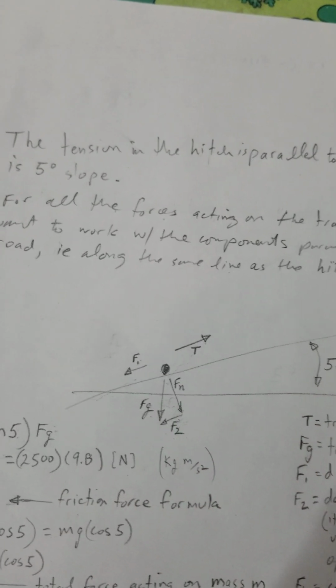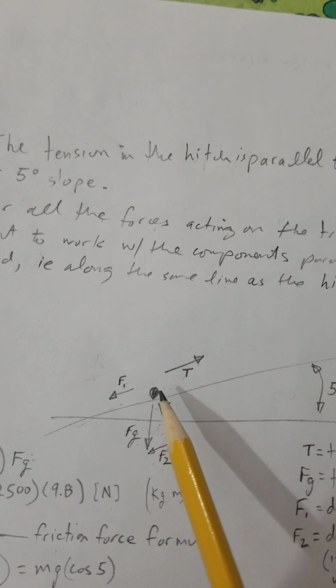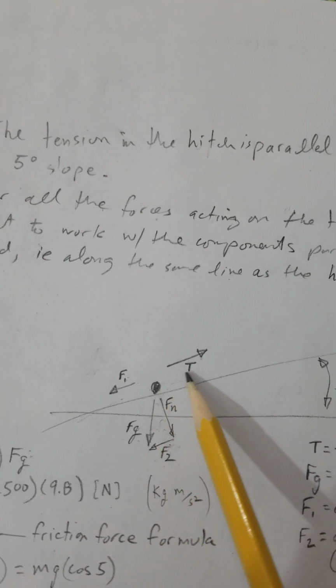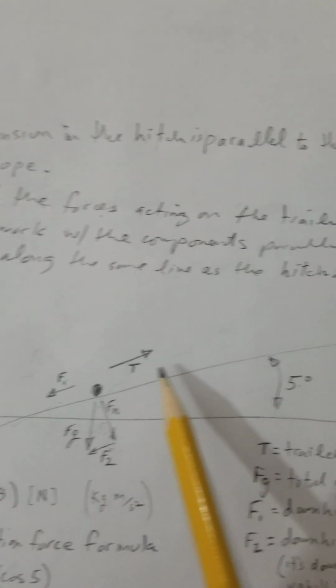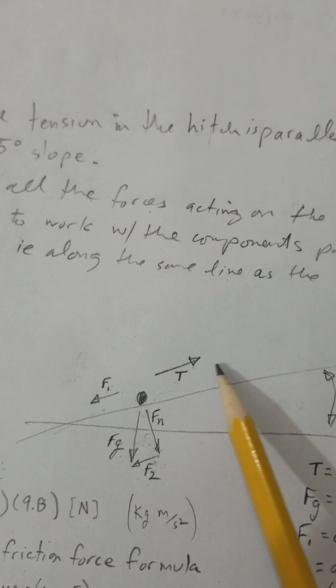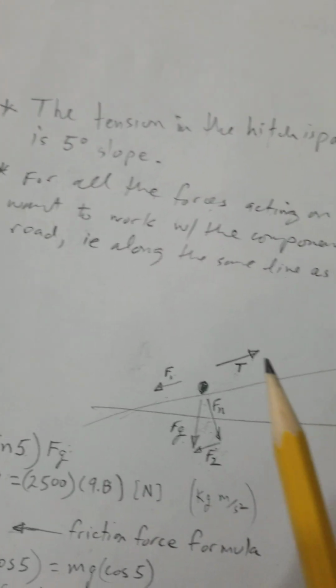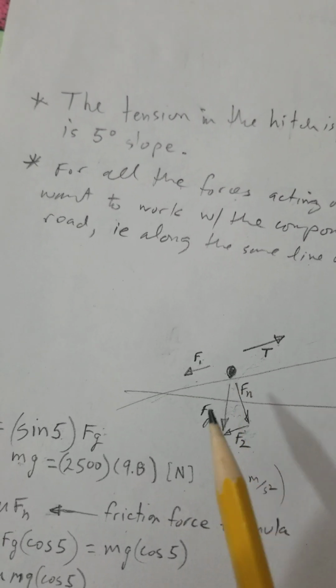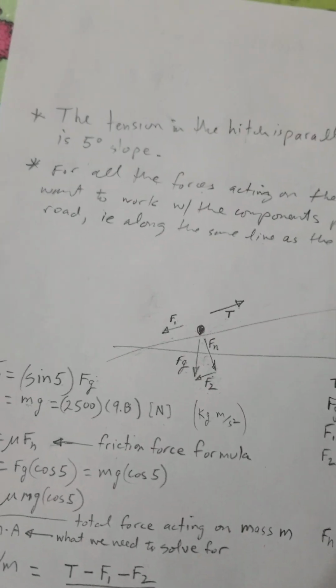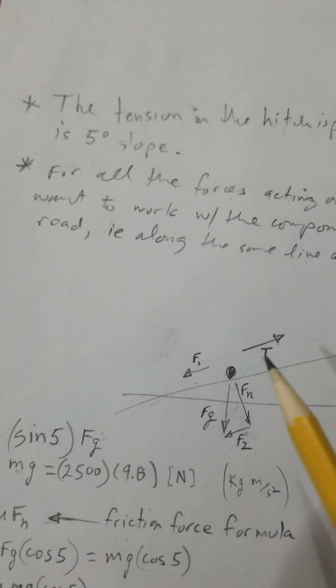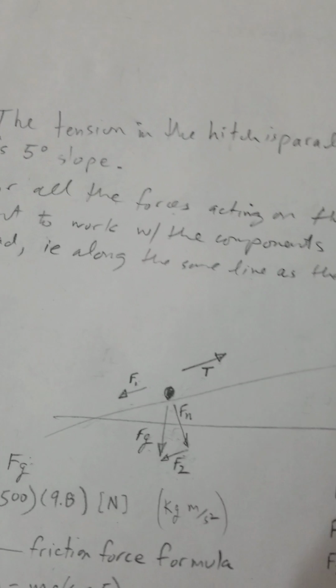One of those components is actually just given as 5,000 newtons, the limit in that hitch, but the other two forces we have to calculate. Okay, the forces that are pulling this thing down the hill.